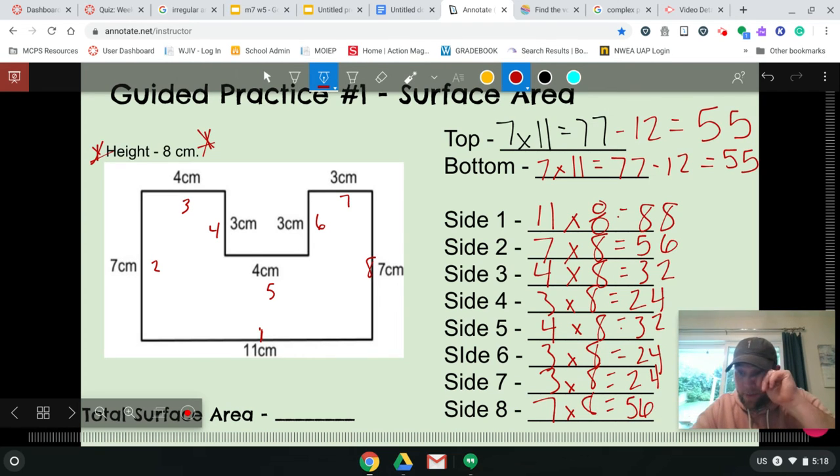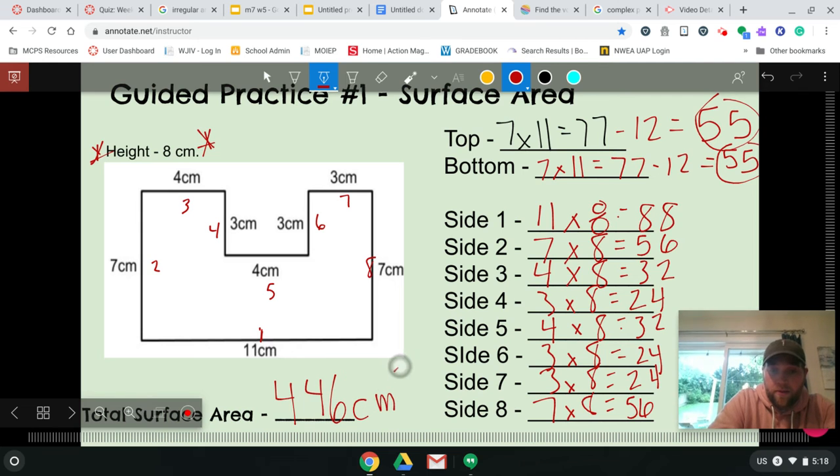Now, just like last time, we have to take all of those areas from all of our sides, including the top and the bottom, so including these 55s, and we have to add them all up. And when you add them all up, you get a total of 446 centimeters squared.